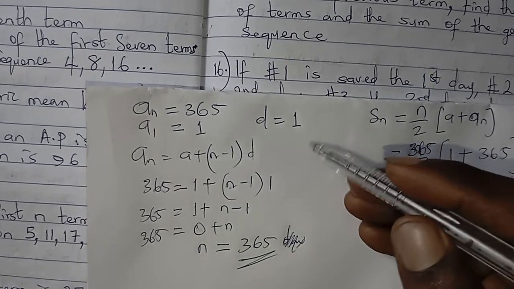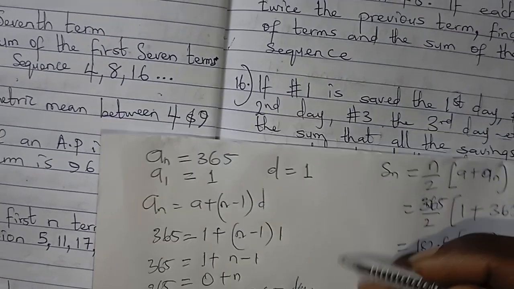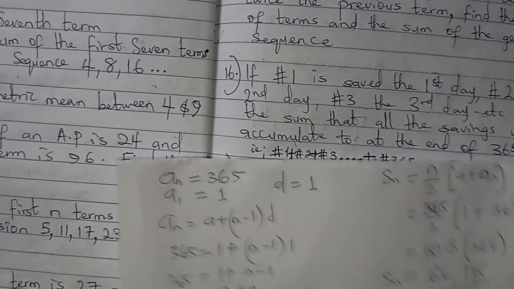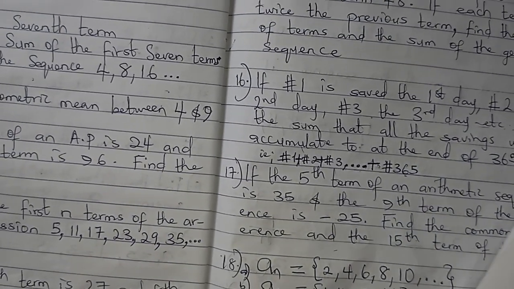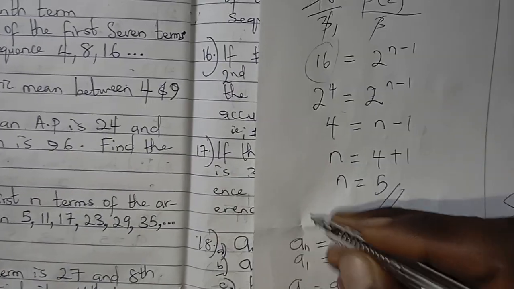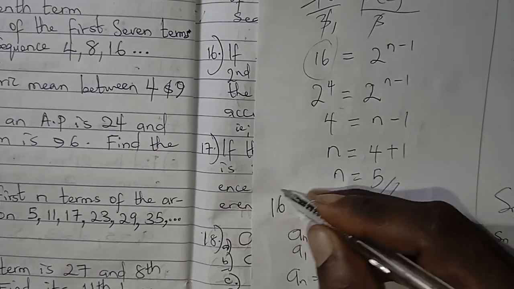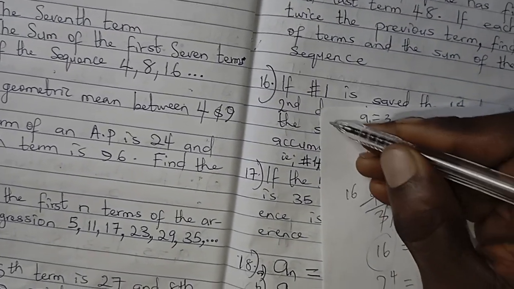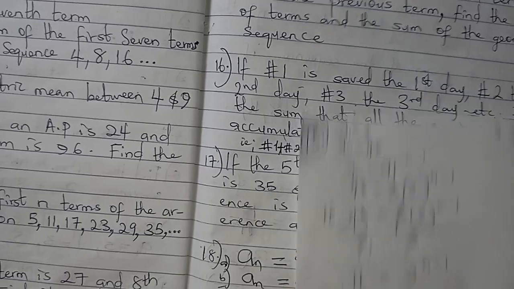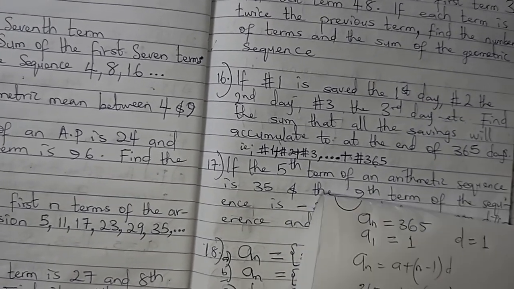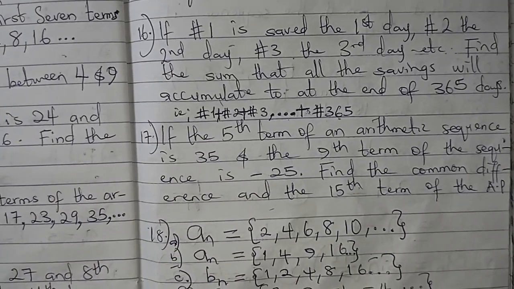Remember we said when it keeps adding, the common difference is 1. So that's for question 16 we just solved. This is question 16, while the previous one was number 15. So let's move to question 17. This 17 is easy. We've solved something like this before.